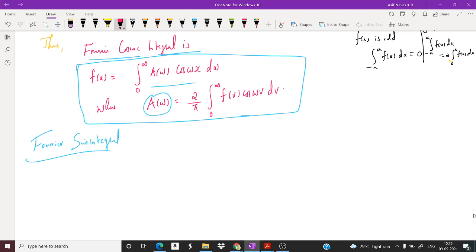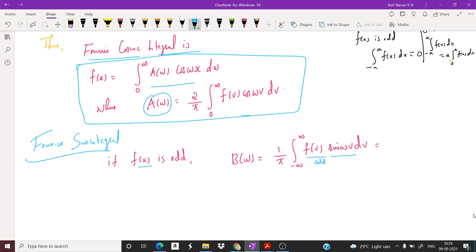Now what will be Fourier sine integral? Fourier sine integral, if f of x is odd, then what will happen for b of omega? By definition, it is 1 by pi integral minus infinity to infinity f of v sin omega v dv. So f of v is given odd, right? Odd.